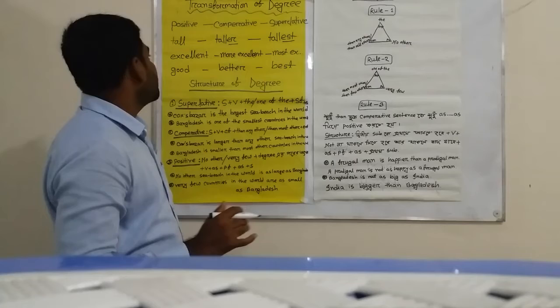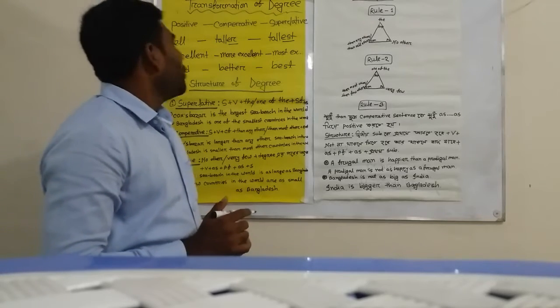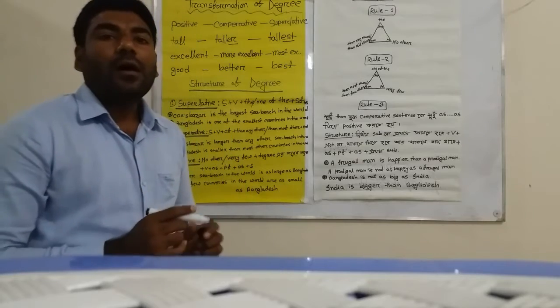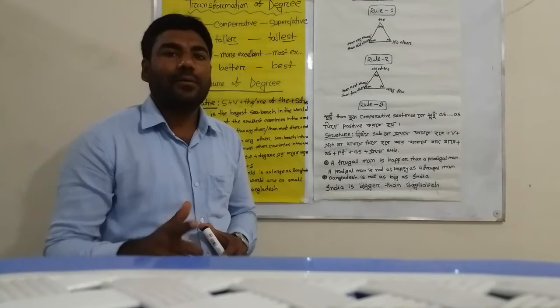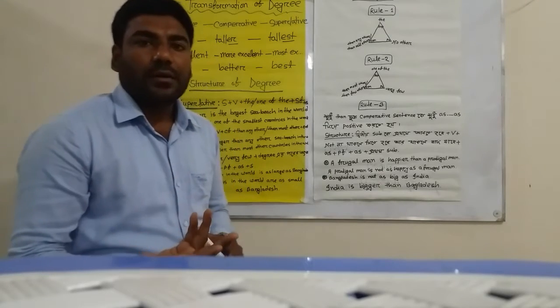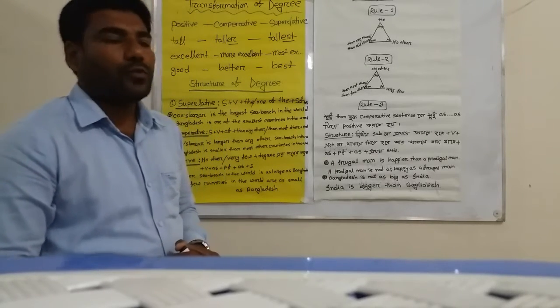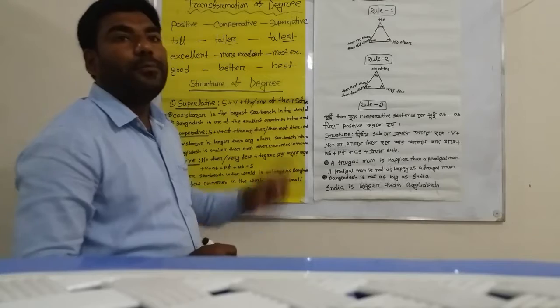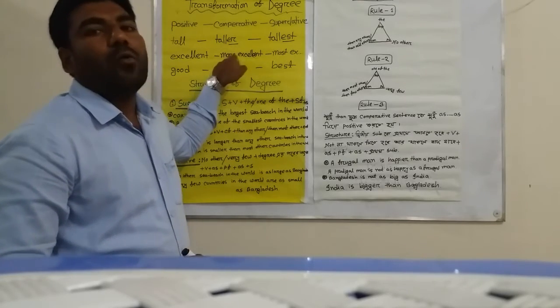Okay, dear viewers, the second time we have to look at the word. If the word is pronounced more than one syllable, that means যদি শব্দটা একের অধিক 2, 3, 4 বারে উচ্চারিত হয়, and if you want to make it comparative, we have to use more before the word.